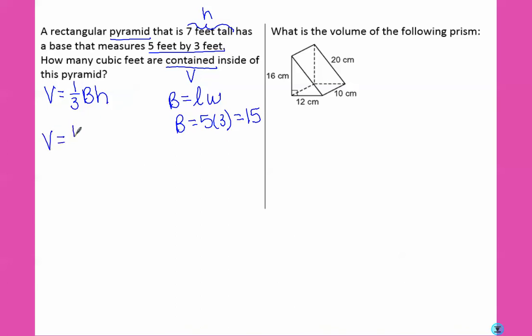Volume equals 1/3 times 15 times a height of 7. Put that in our calculator and we get that the volume is 35. We were measuring things in feet, and since volume is a three-dimensional item, we know it's cubed.